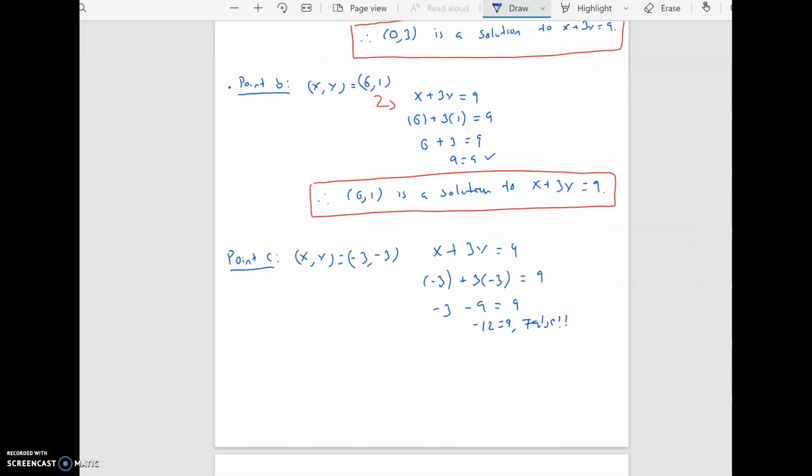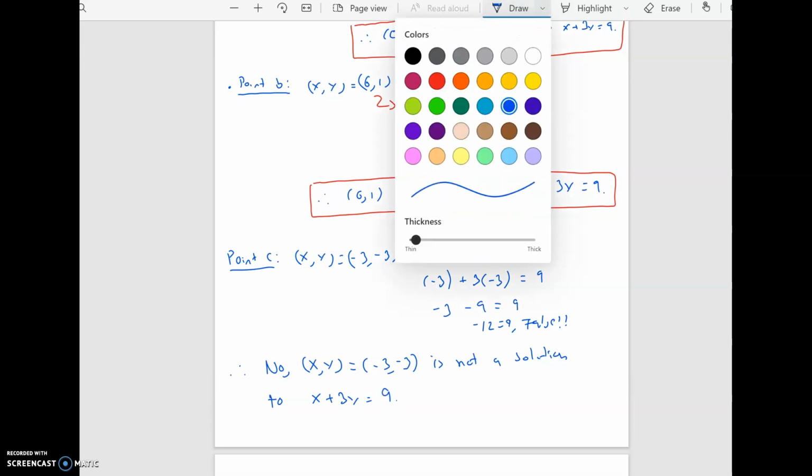So in this case, we would just say that no, x comma y as (-3, -3) is not a solution to x plus 3y is equal to 9. That coordinate point is not part of the line.